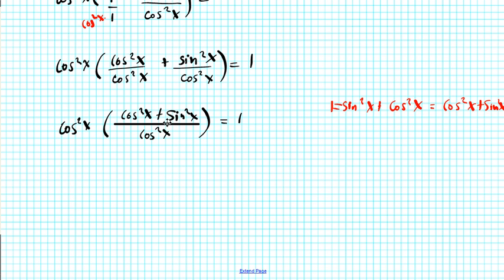So I'm going to substitute this top with 1, because it's the same thing as sine square x plus cosine square x according to the Pythagorean identity. Okay, so leave this one out here alone. Cosine square x times 1 for the numerator using the substitution, over cosine square x equals 1.